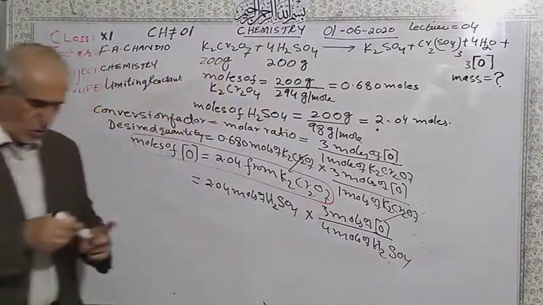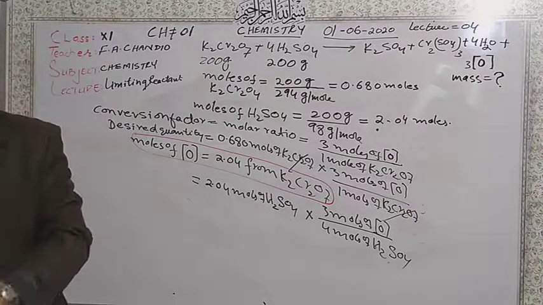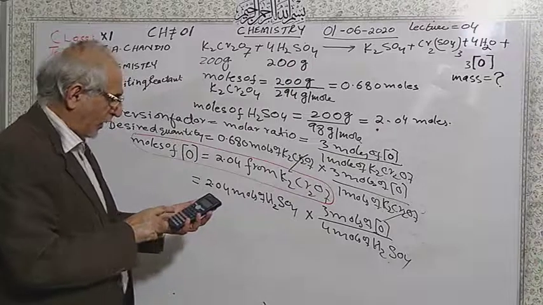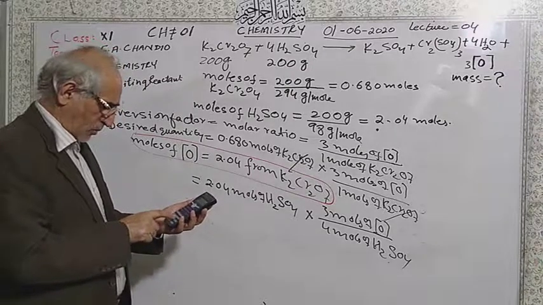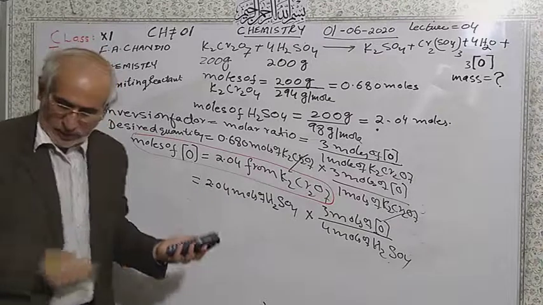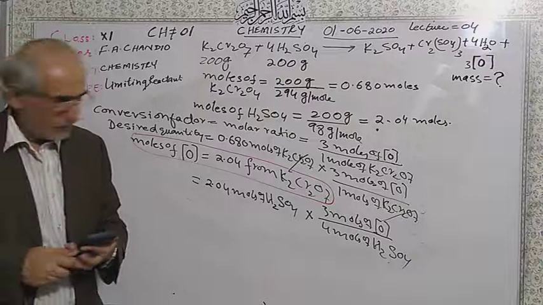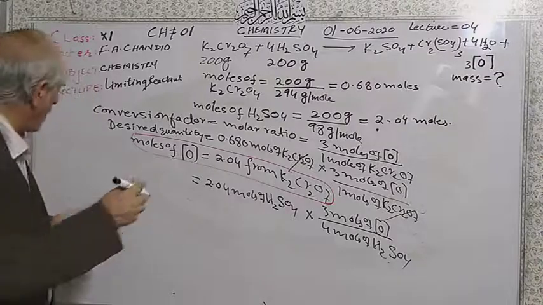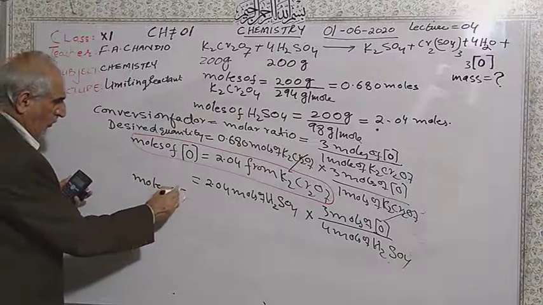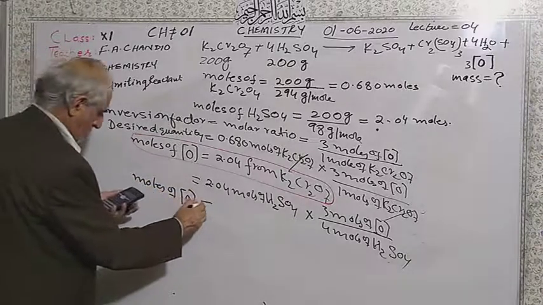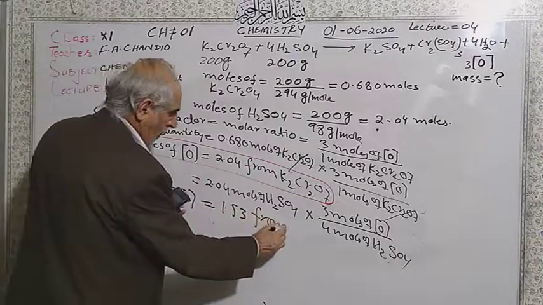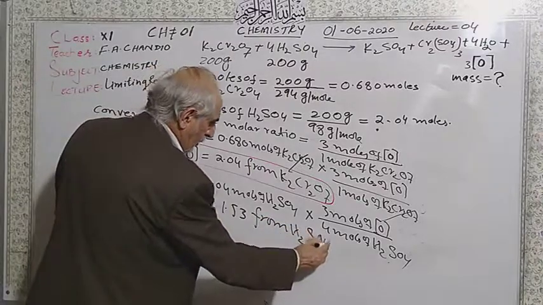Yes. So now calculate 3 divided by 4 multiplied by 2.04. The answer is 1.53. So moles of nascent oxygen 1.53 from sulfuric acid.